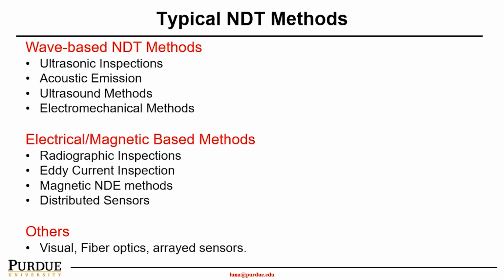Typical NDT methods can be grouped into two categories. One is wave-based NDT methods. In this group, people often use acoustic waves to generate either vibration or sound in the testing object, and based on the signal received, detect the material property.